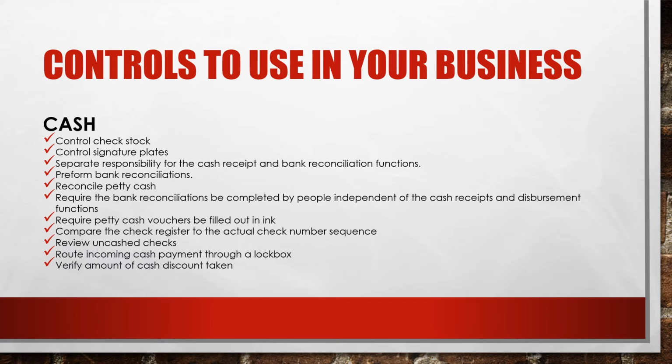Next, route incoming cash payments through a lockbox. There should be a lockbox for your incoming cash payments. Next, verify amount of cash discount taken. So you need to verify kung naay mga discount na gi-offer so that you could recognize that as a cash discount.